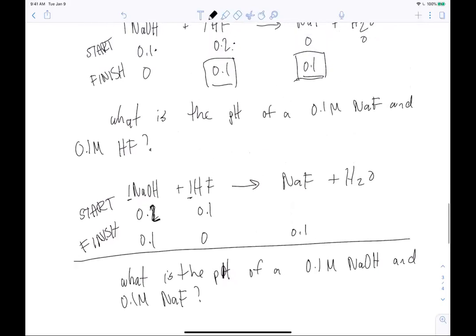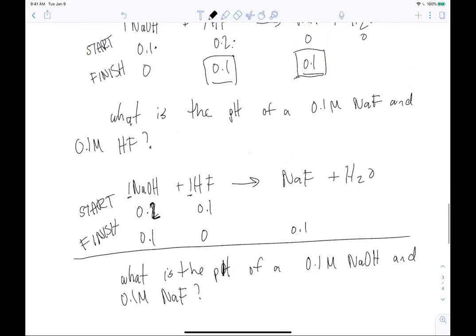So this is really the 3 scenarios that you can kind of have. In the neutralization step, work it like it's gone to completion. Just work that like you've never even heard of equilibrium. When you're trying to figure out the finish of the reaction, you're just trying to figure out what the final products would be in a normal limiting reagent thing.